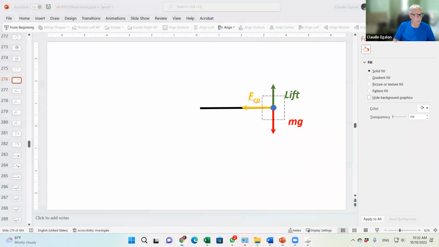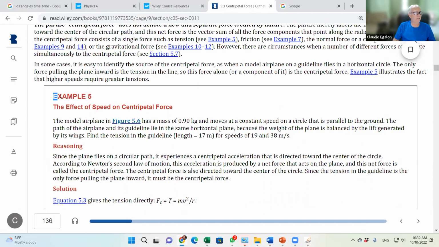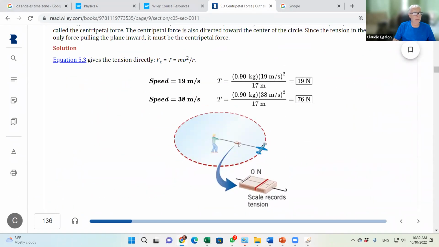So here you go. I think we're doing example 5, the case of a model airplane attached to a guideline. This plane is undergoing uniform circular motion. The guideline is in the same plane as the plane of motion of the airplane.